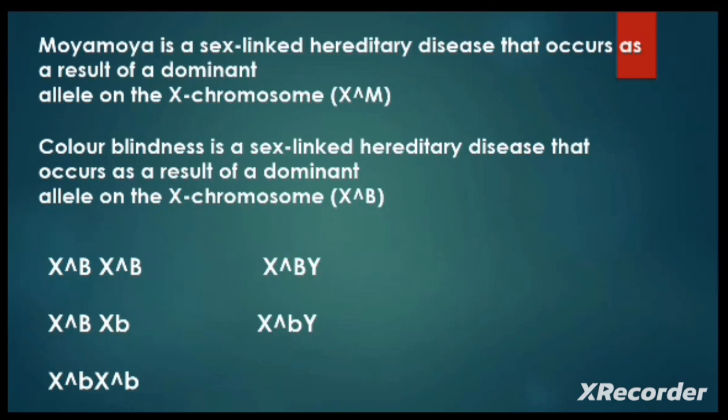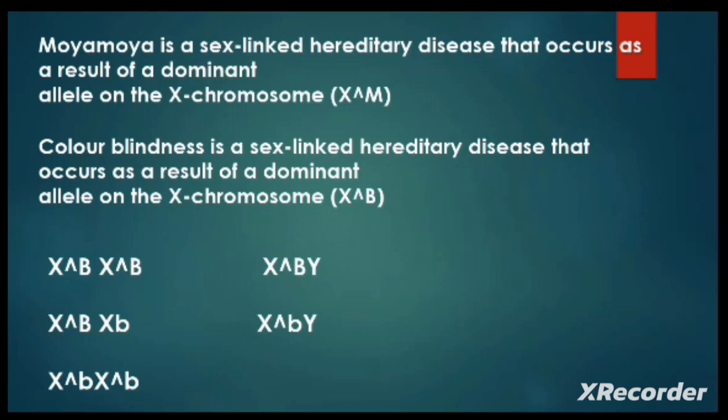You've never heard of gonorrhea, but you just have to treat the question as we treat color blindness and hemophilia. So now moyamoya is a sex-linked hereditary disease that occurs as a result of a dominant allele on the X chromosome. So this one is caused by a dominant allele, right? It is not always that sex-linked characteristics are caused by recessive alleles. They can also be caused by dominant alleles, by capital letters.